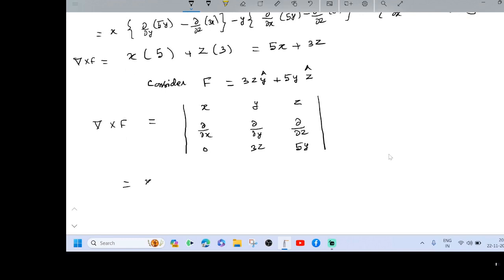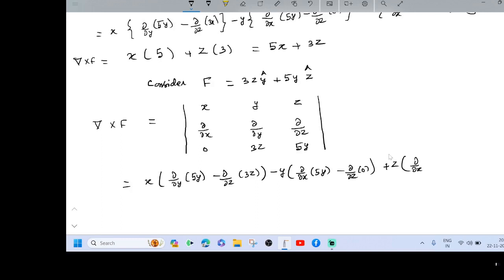This is equal to x into dou by dou y of 5y minus dou by dou z of 3z, minus y into dou by dou x of 5y minus dou by dou z of 0, plus z into dou by dou x of 3z minus dou by dou y of 0.